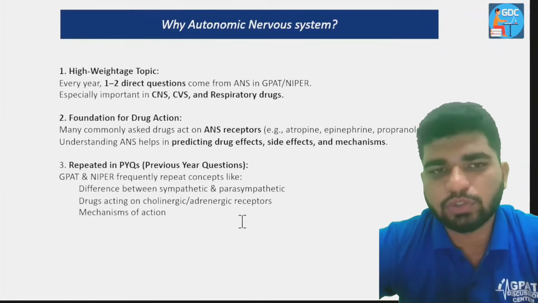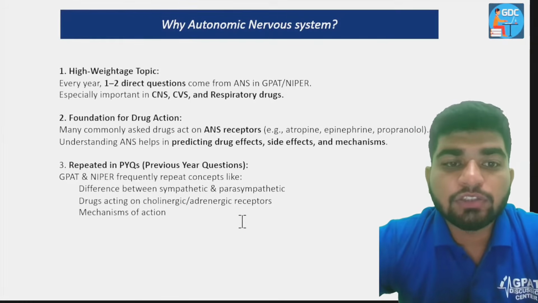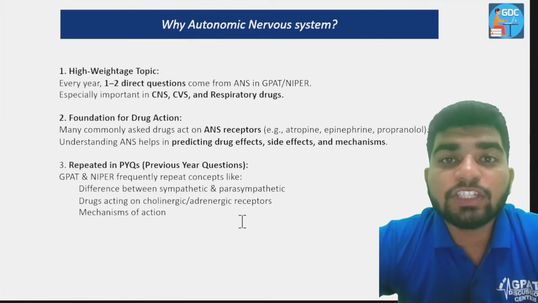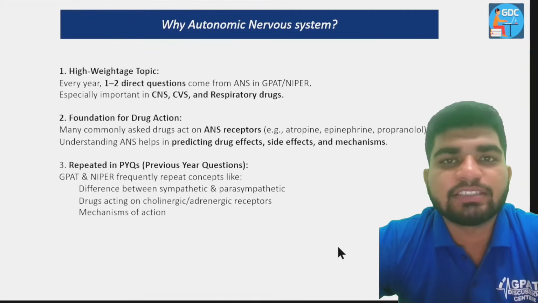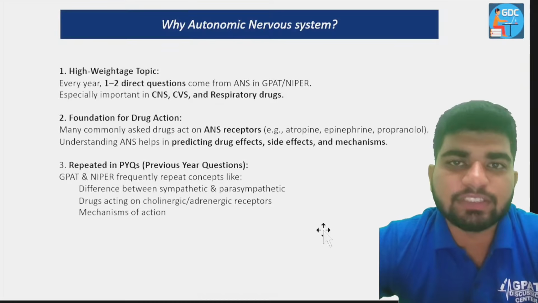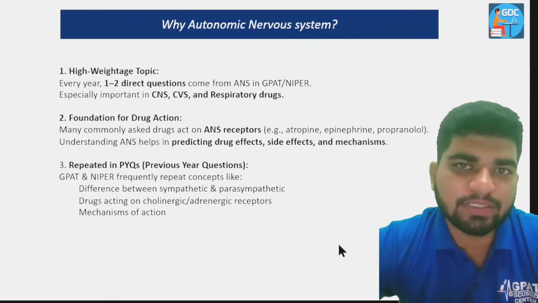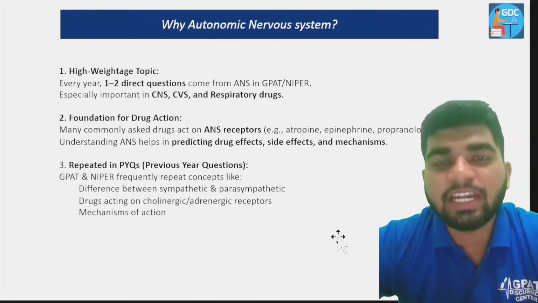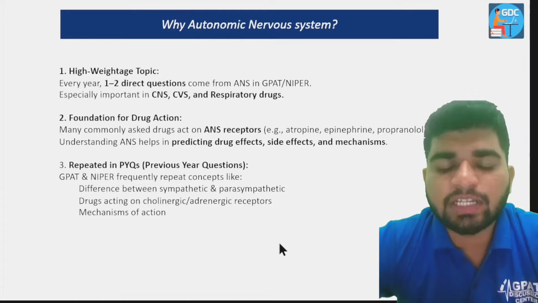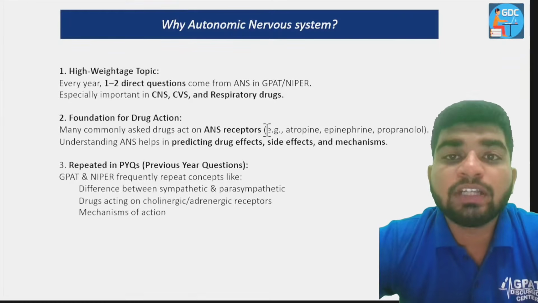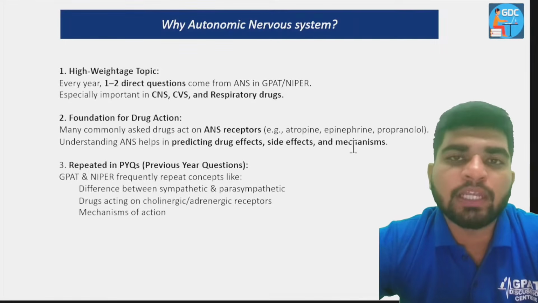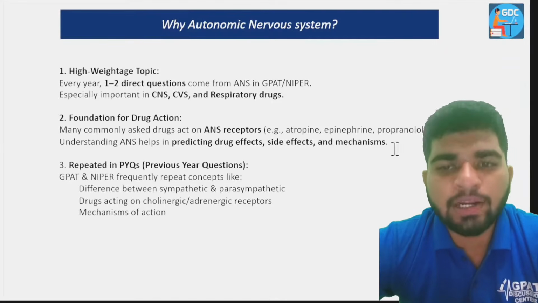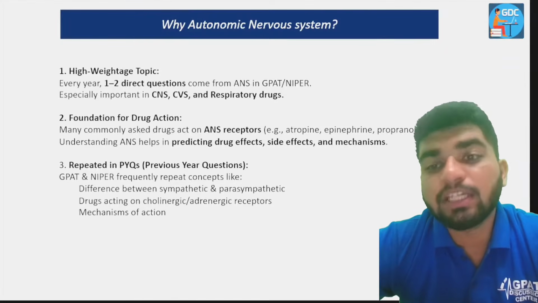In other chapters also you will see it, and you will see your foundation building, because many questions will be asked from the ANS receptors, that is beta 1 receptors, beta 2 receptors, alpha 1 receptors, alpha 2 receptors, muscarinic receptors, nicotinic receptors. Also the drugs acting on these receptors, that is atropine, epinephrine, which is also known as adrenaline, and propranolol, which is a beta blocker.